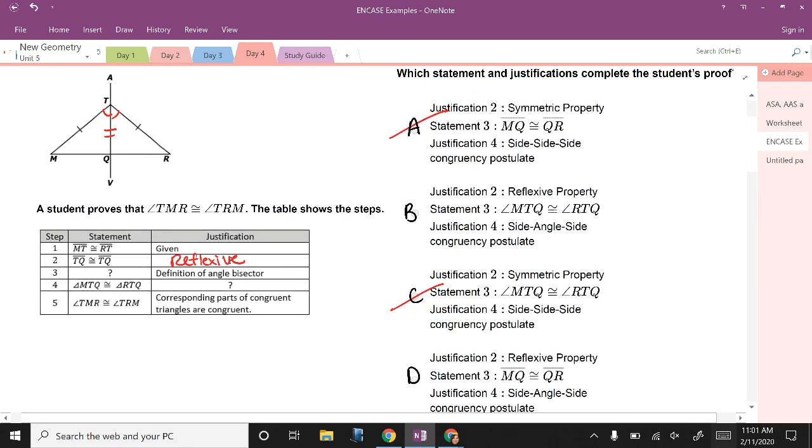And look at D. Didn't it say two segments are congruent there? Yeah, so it's probably not going to be that. And then it said that we can say triangles are congruent by what? Side, angle, side, right? And the other choices say side, side, side, because I have the included angle between two sides. Raise your hand if you got B in your group. Y'all are awesome. Y'all flip over to number 2.